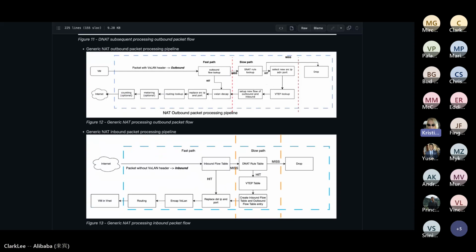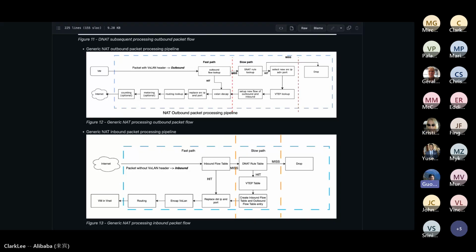Gohan, does that satisfy what you were thinking? Gohan is on mute. Okay, so I guess we could check with Gohan or Prince. Yeah, sorry, I was on mute.